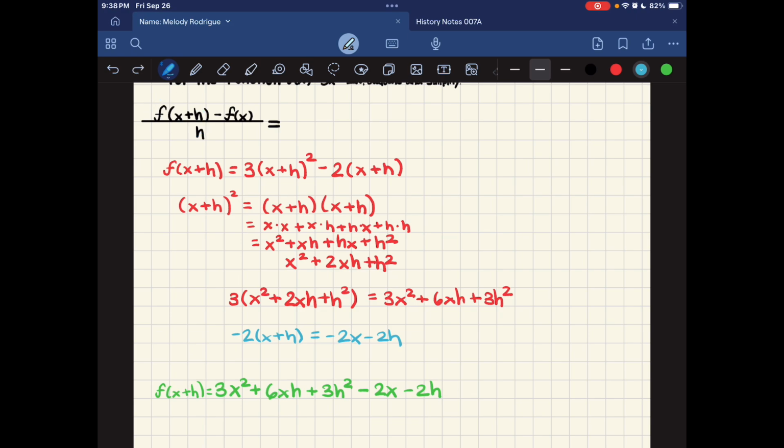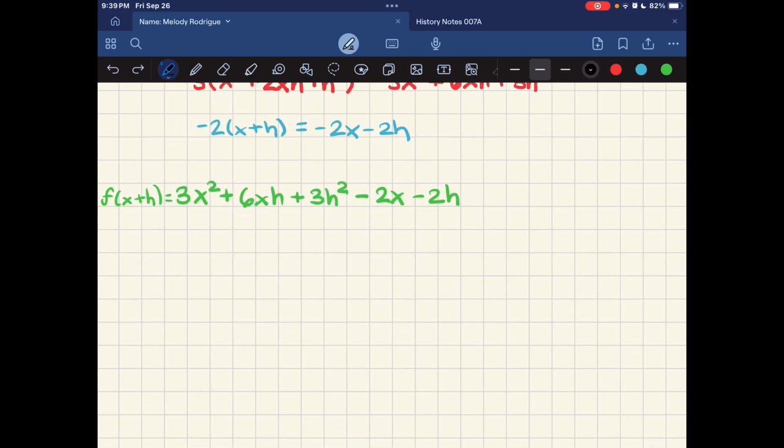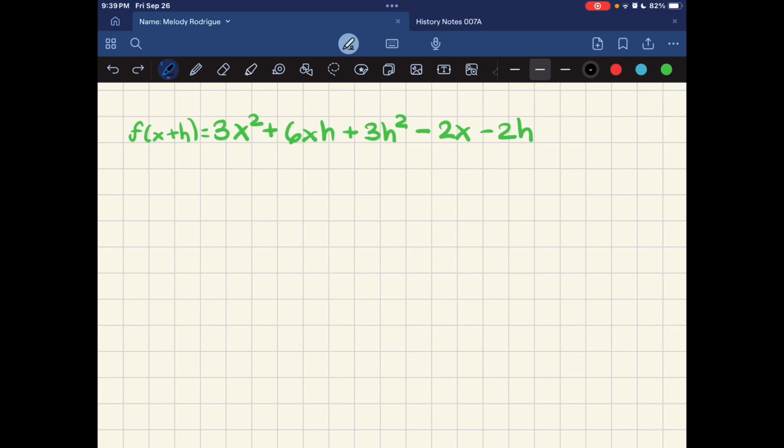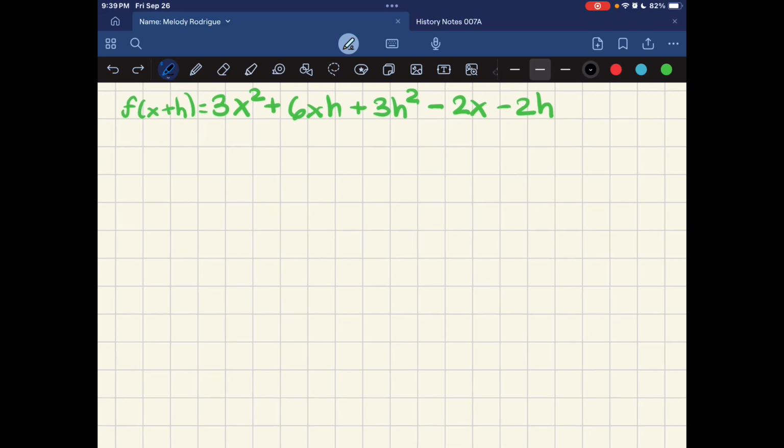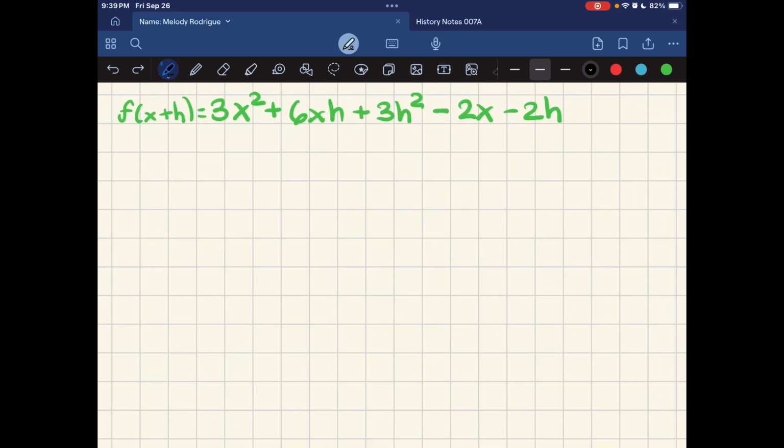And then f of x equals 3x squared minus 2x gets plugged in here. So now we're just plugging these equations in, and we're going to plug what we got into the numerator, this.